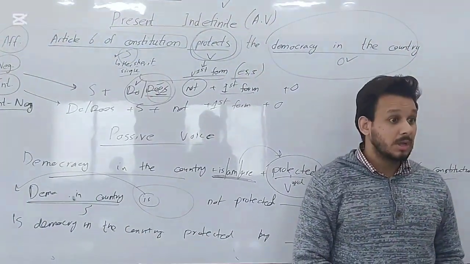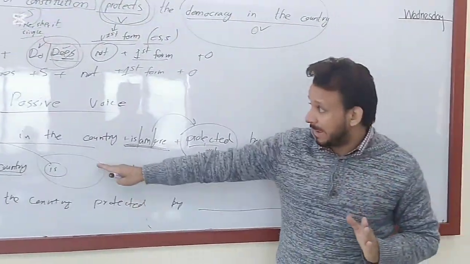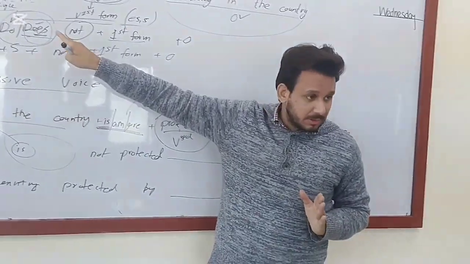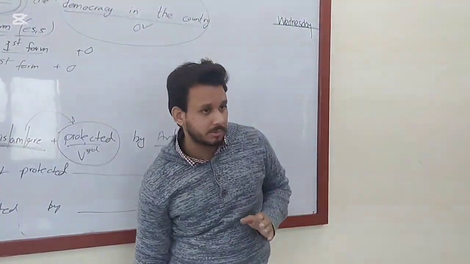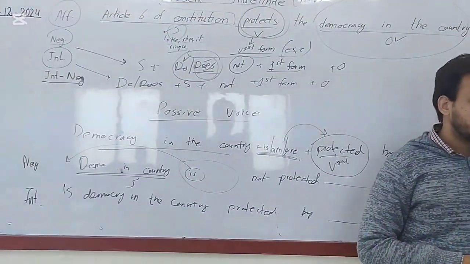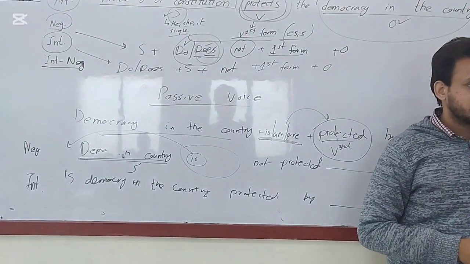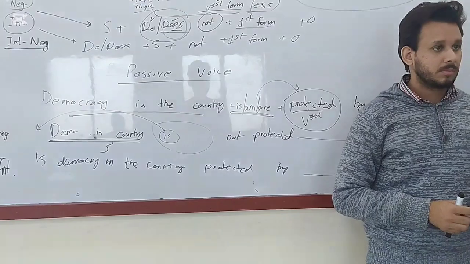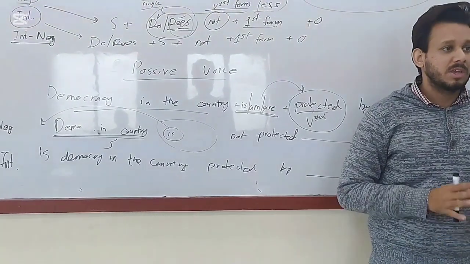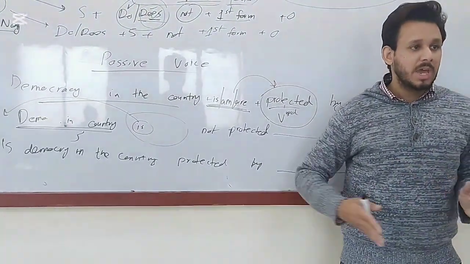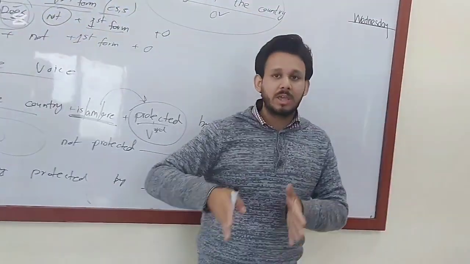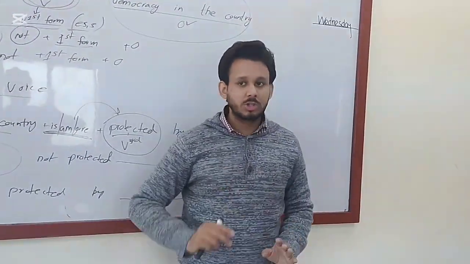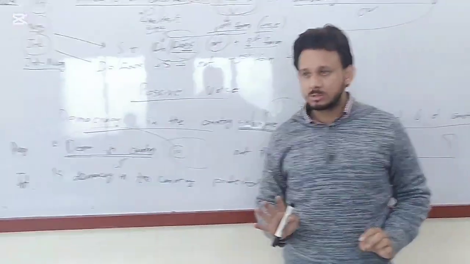Or Ali doesn't... No, you don't put does in passive voice. You only put does in active voice of the present indefinite. Ali is not beaten by Ryan. And then in the interrogative, it will be: Is Ali beaten by Ryan? If it's interrogative and negative, then you will say: Is Ali not beaten by Ryan? So, any more questions? No, sir.